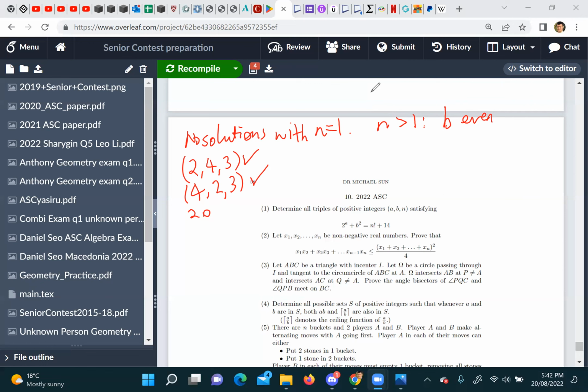One of the things you might notice is that when you say B is even, because it's being squared, that evenness is going to compound, so it's going to be a multiple of 4 when you square it. Powers of 2 are probably going to be multiples of 4, and n factorials are usually multiples of 4. But 14 is not a multiple of 4, so that's a big no-no.